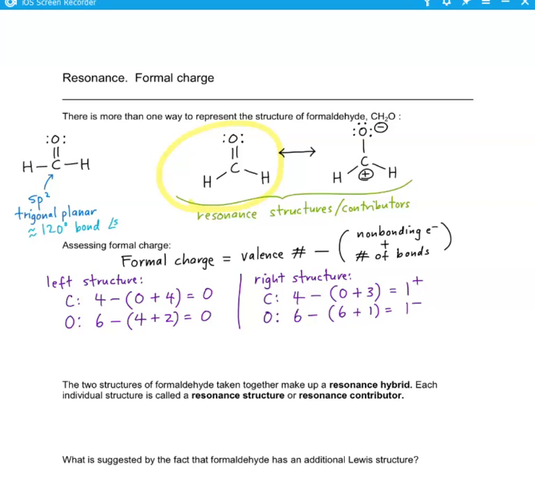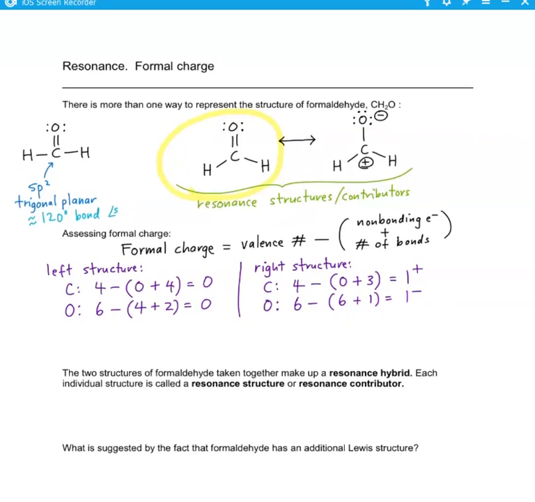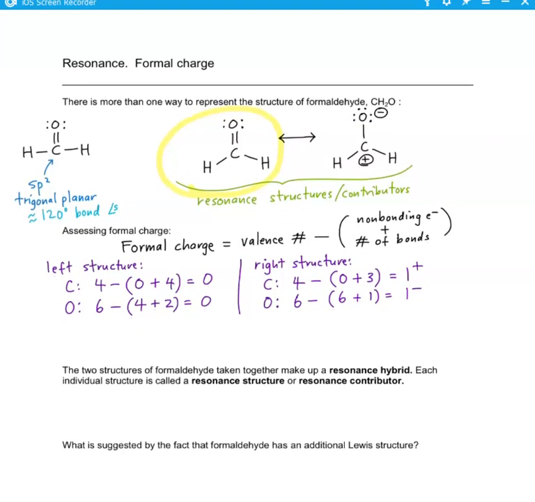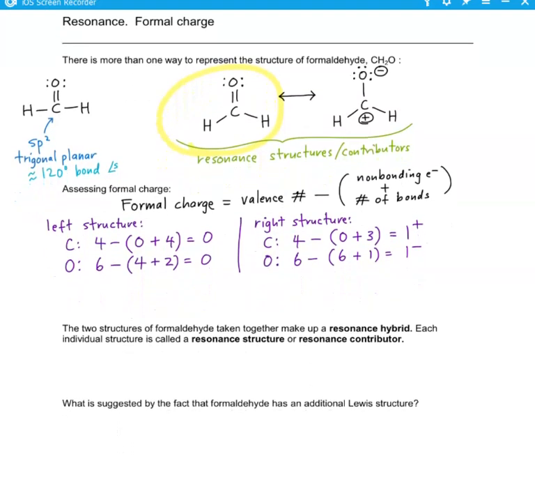So these two structures of formaldehyde, when we take them together, when we take them in concert, make up what's called a resonance hybrid.